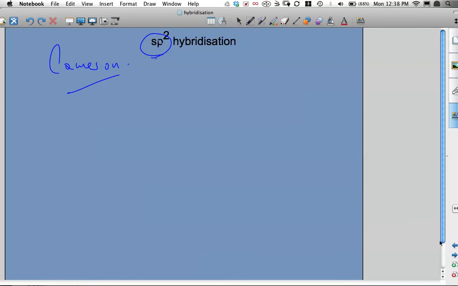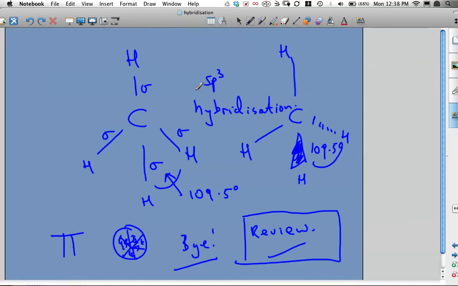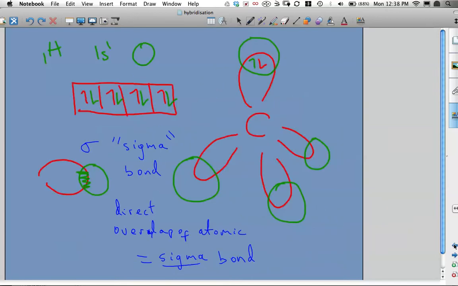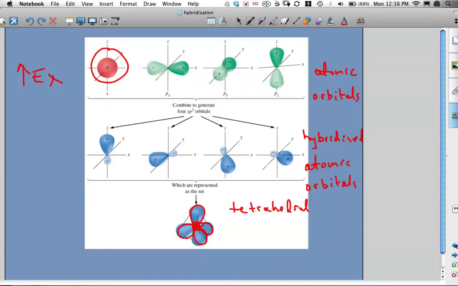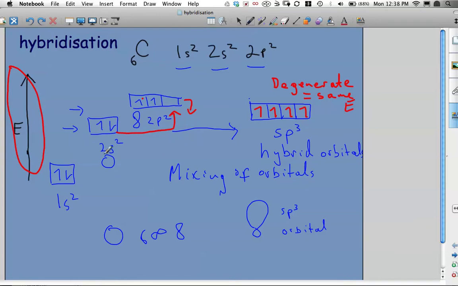So, sp2 hybridization. Let's just quickly look back at what we ended up with sp3. So sp3 hybridization had the 2s orbital promoted to the 2p, and this gave us 4 separate sp3 hybridized orbitals.